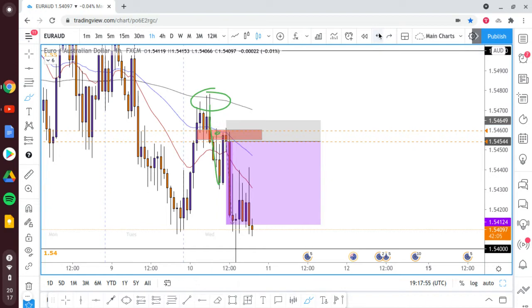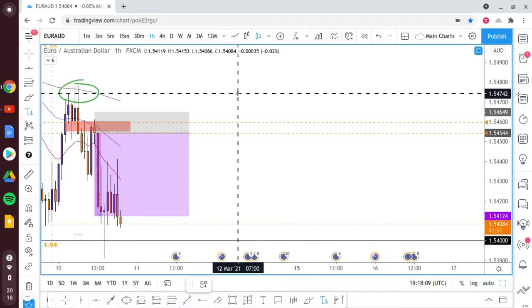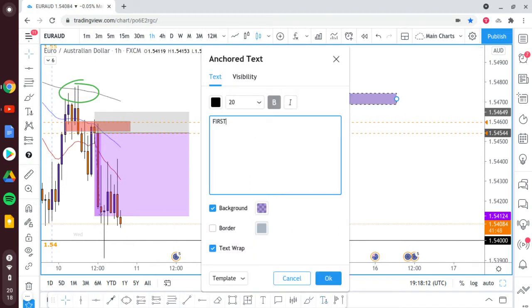Now, for continuations, in the first 30 minutes, so let's just type the first 30 minutes. If you're entering in the first 30 minutes, I want protection from the previous 1 hour candle.